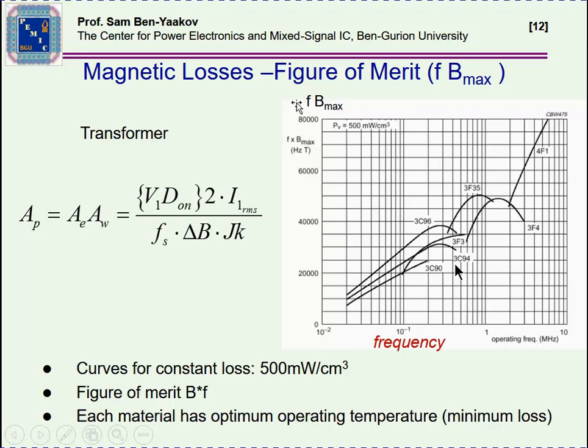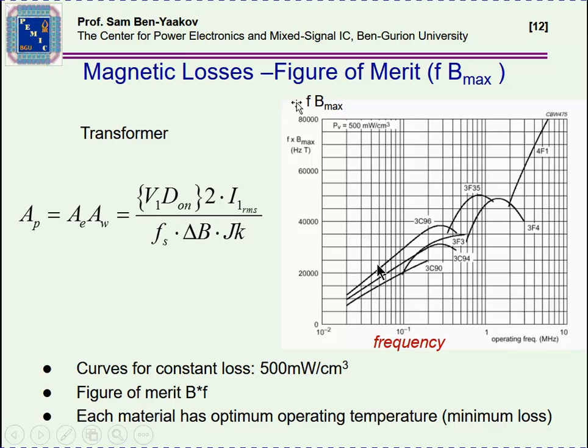So if I compare, for example, 3F3 and say 3C19, obviously 3F3 is a better choice for this particular frequency. This is in megahertz, so this is, let's say, 200 kilohertz. On the other hand, if you go to very high frequencies, like say 3, 4 megahertz, this material 4F1 is obviously better.